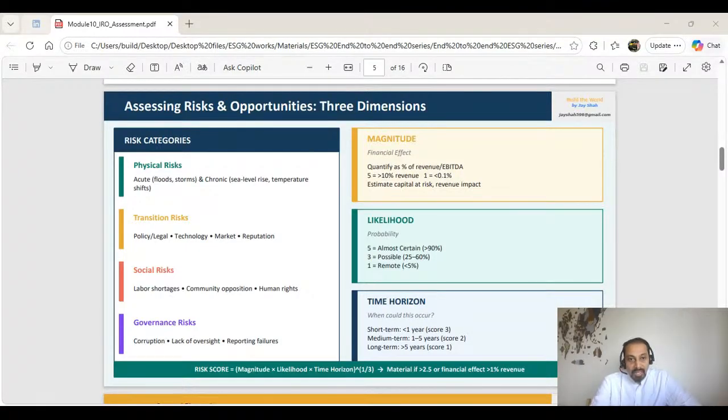Both ESRS and IFRS ask you to classify risk and opportunity by time horizon: short term means less than 1 year, medium term 1 to 5 years, and long term beyond 5 years. Here you can notice that in the scoring guidance, short-term risk actually scores higher, a score of 3 versus 1. This is because a near-term risk requires more immediate management attention.